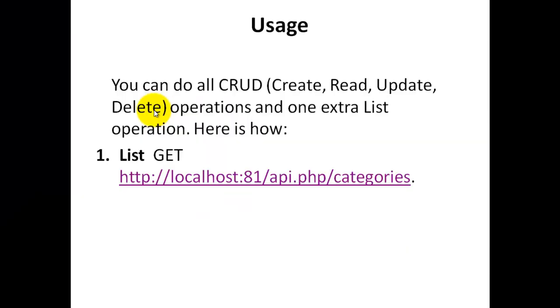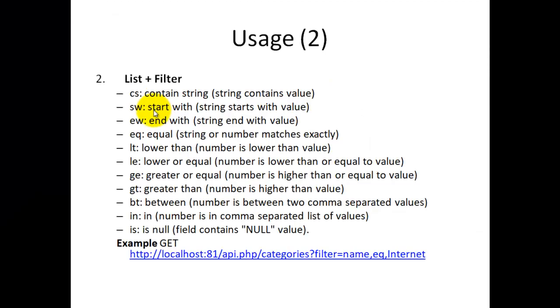So we have a list plus filters. These are the filters: contains string, start with, end with, equal, lower than, lower or equal, greater than, between, in, and is null.